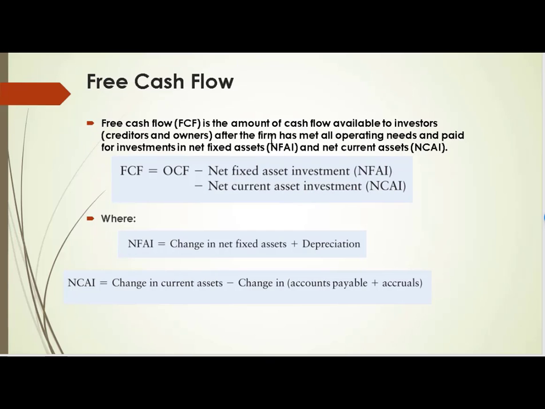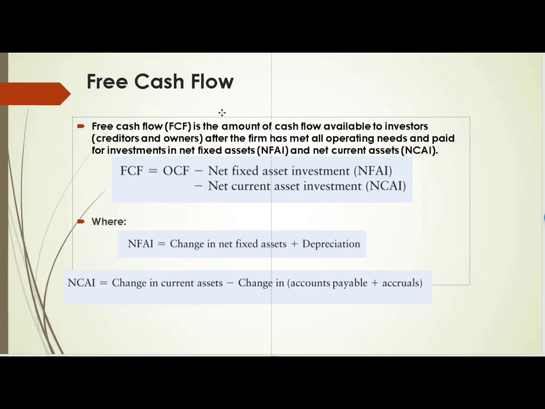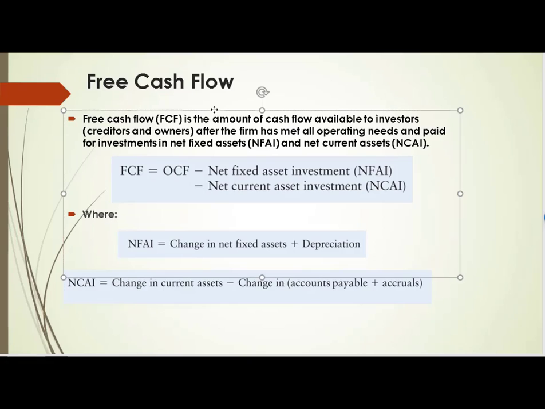So now let's talk about free cash flow, because for investors, it's a more important number, if you will. So free cash flow is the amount of cash flow available to investors. So who are the investors? Investors are both creditors and owners. Now this is money that's left over. It's available for them after we've taken into account everything else we want to do.